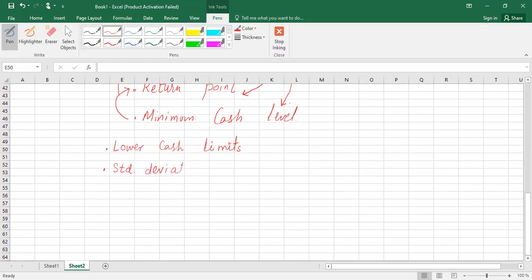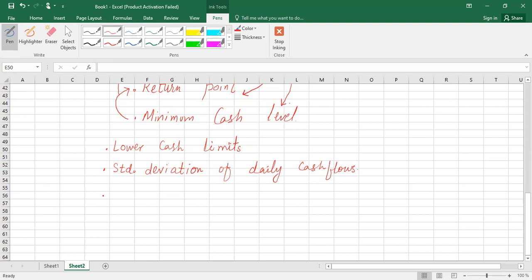Standard deviation is basically variance or variation, that is, what variation a company can afford in its daily cash flows. This will lead us to maintain a balance where there will be no cash out and also no significant excess cash.